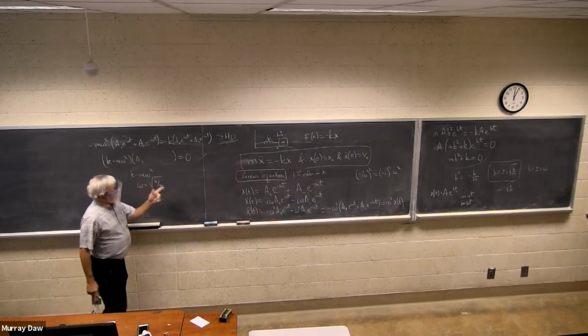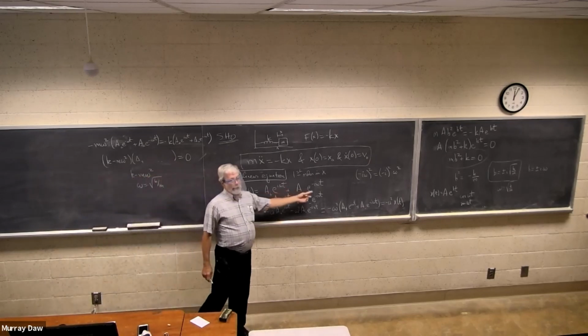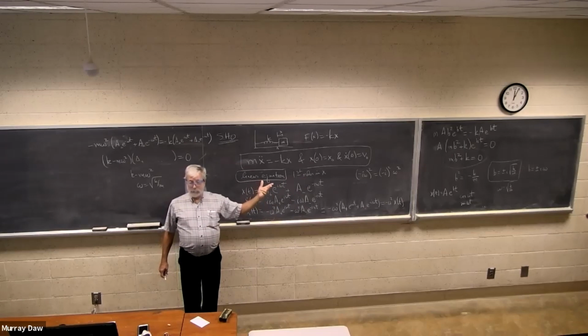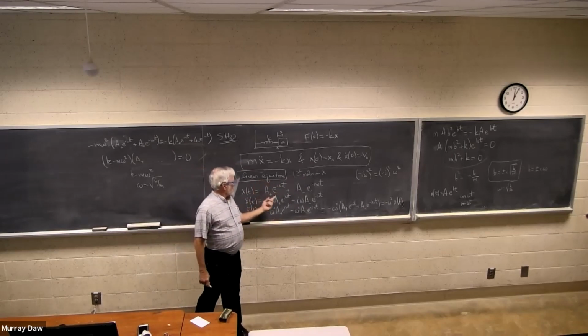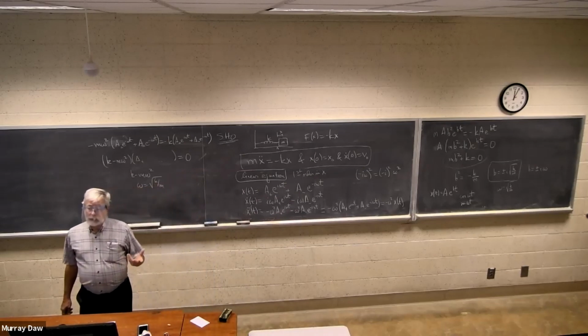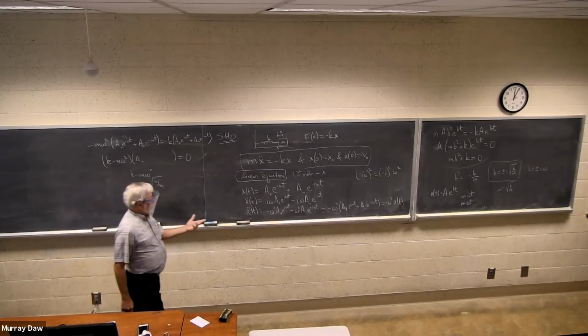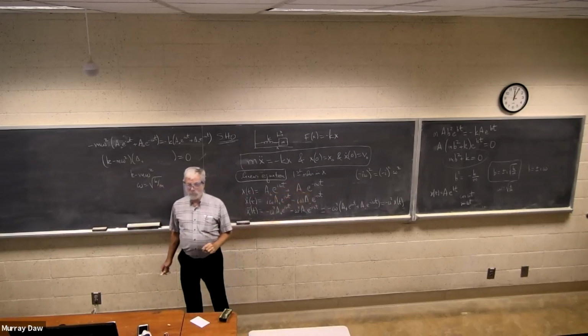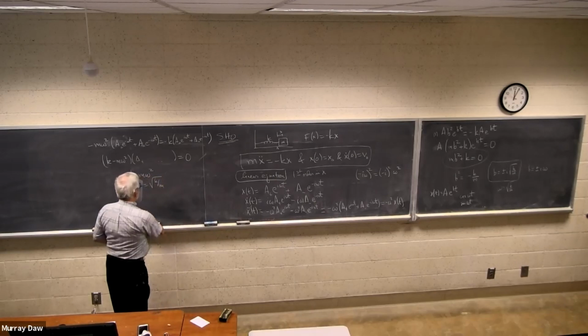But remember, I added e to the i theta and e to the minus i theta, and I got cosine. And I took a difference. So what are A plus and A minus? They're complex numbers also. So I have to have complex numbers here for A plus and A minus so that the whole thing comes out real. And it all works. So let's see how it works.